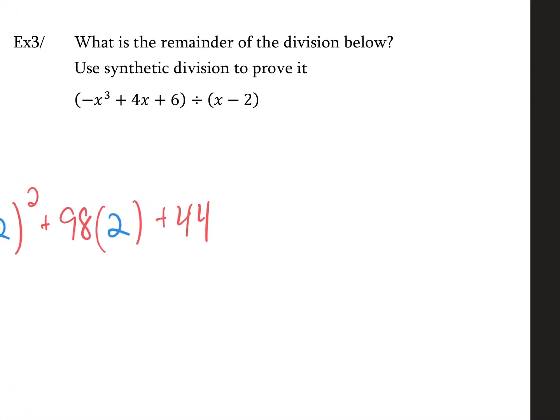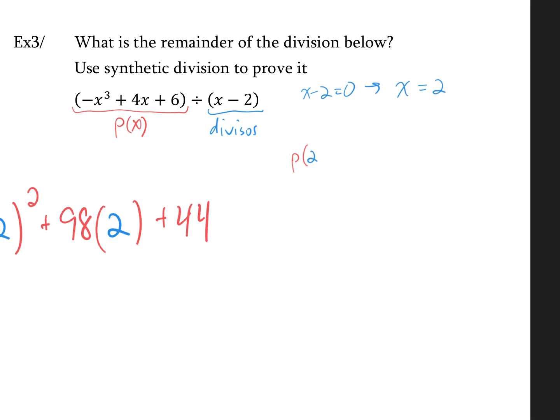All right. We can set this up. We can say that this is p of x, which is what I should have used in the last example, p of x. And this is the divisor. So if we set x minus 2 equal to 0 and solve, that means x equals 2.